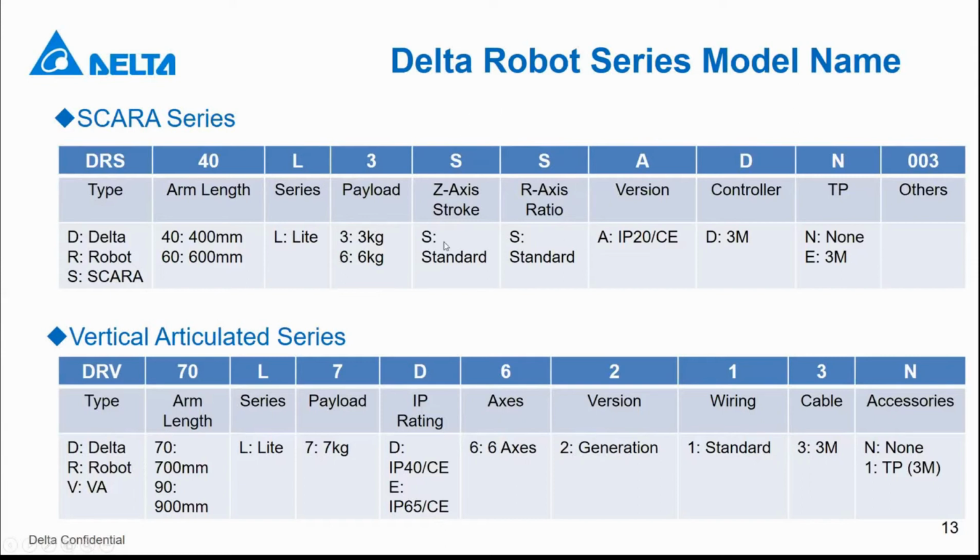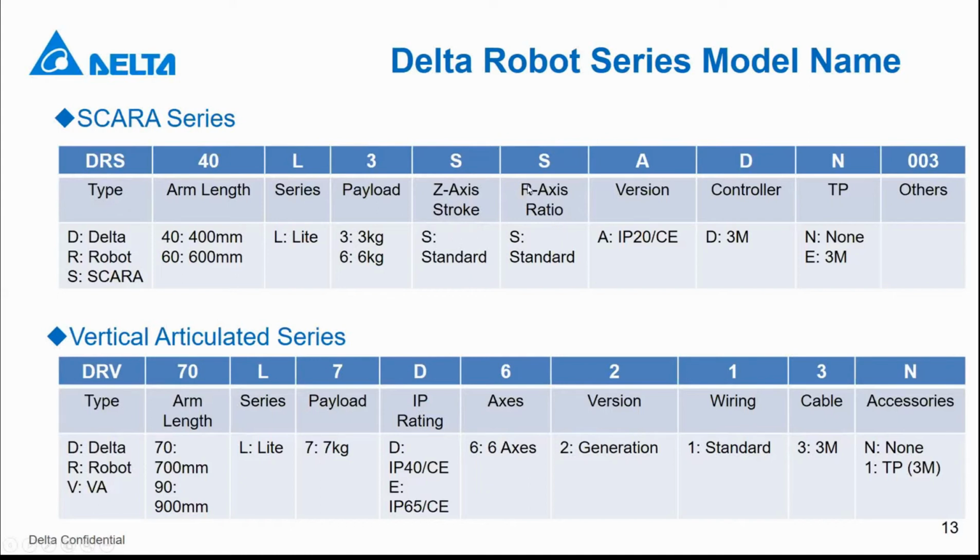And the next two will be about joint 3 and joint 4. First, it's the Z-axis stroke. For the Z-axis stroke, we have a standard length, but in some applications you may need a longer Z stroke, so you can choose other options to have a longer Z stroke.